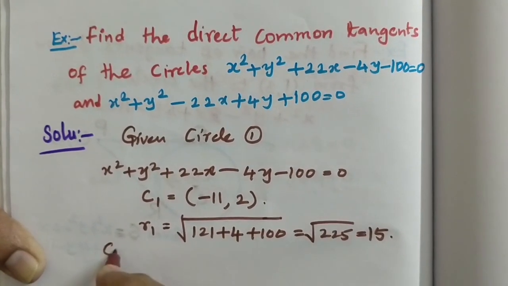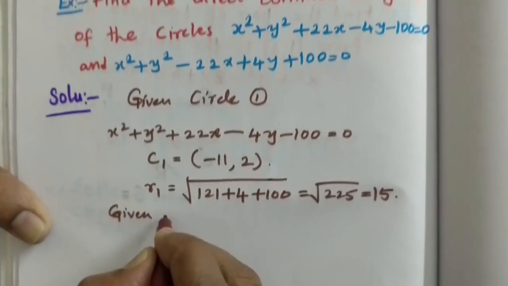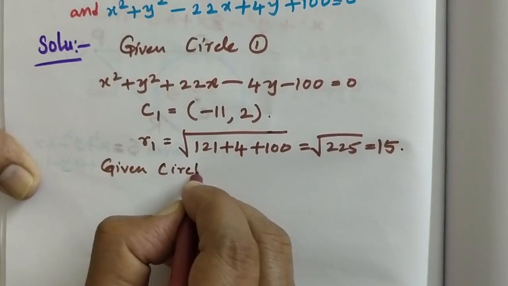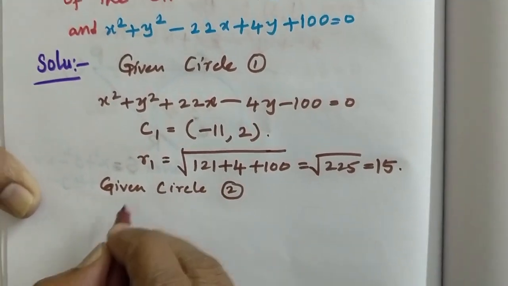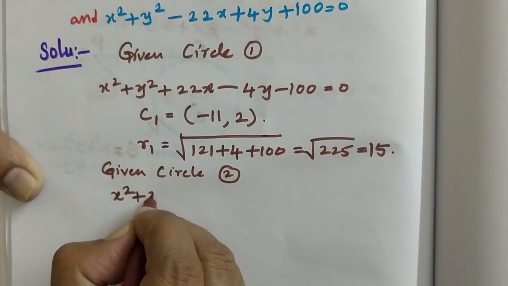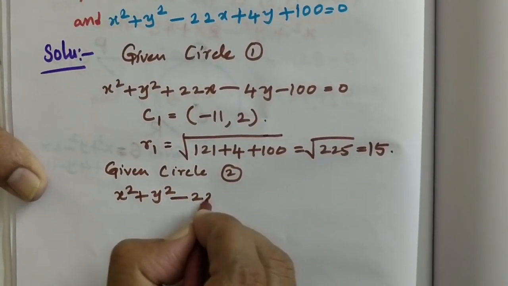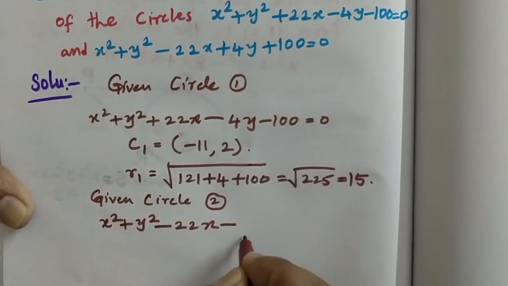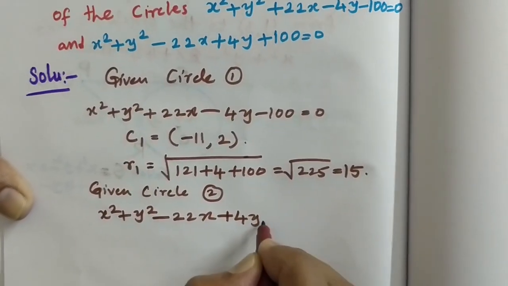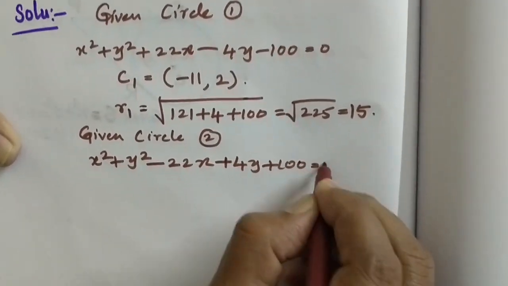And the second circle, given circle 2, that is x square plus y square minus 22x plus 4y plus 100 is equal to 0.